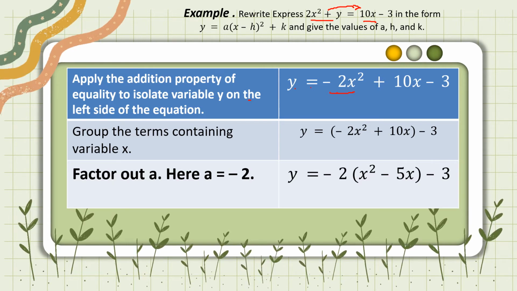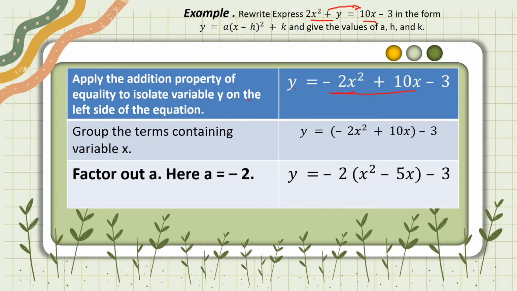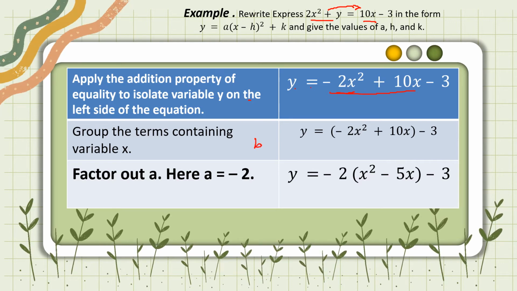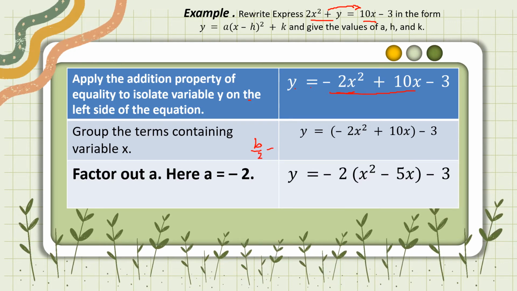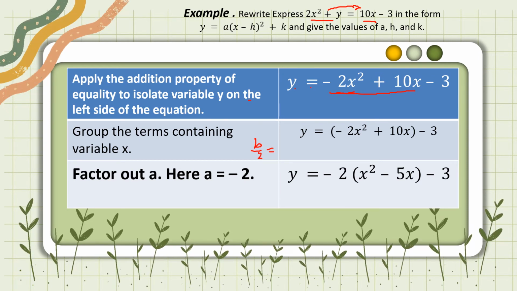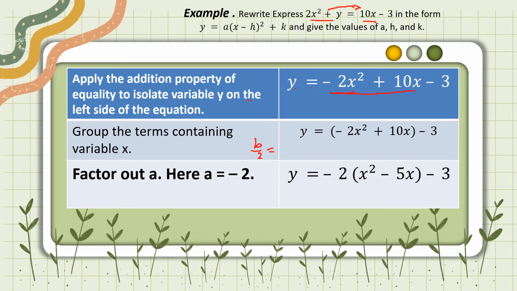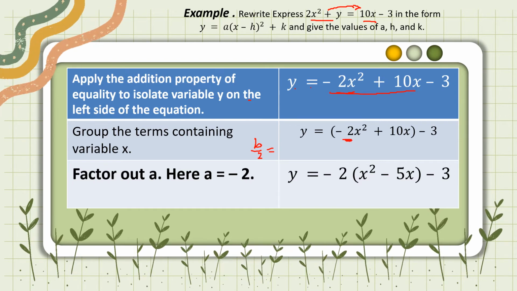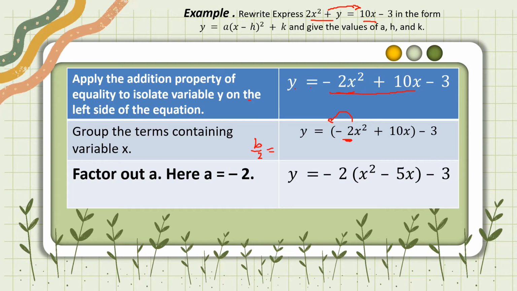So, niregroup natin yung may value ng x. Ito po yan, minus 3. Pag niregroup natin, kunin natin yung b value. Diba ang b value natin, i-divide natin sa 2. Or ito po, muna, ilalabas natin si a value. Pag nilabas natin si a value, or ipa-factor out natin si a, magiging negative 2.